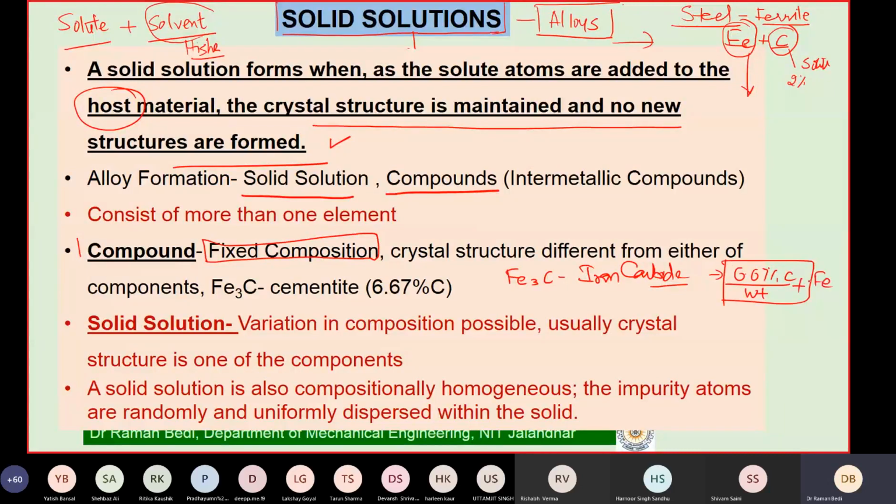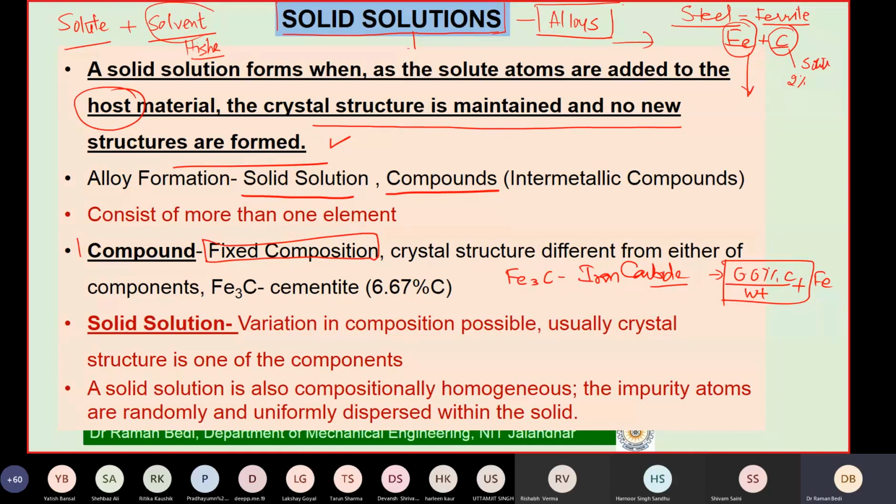So when you add 6.7% of carbon by weight into iron, you form iron carbide, Fe3C, known as cementite. It is a compound because it is formed at this fixed composition only.